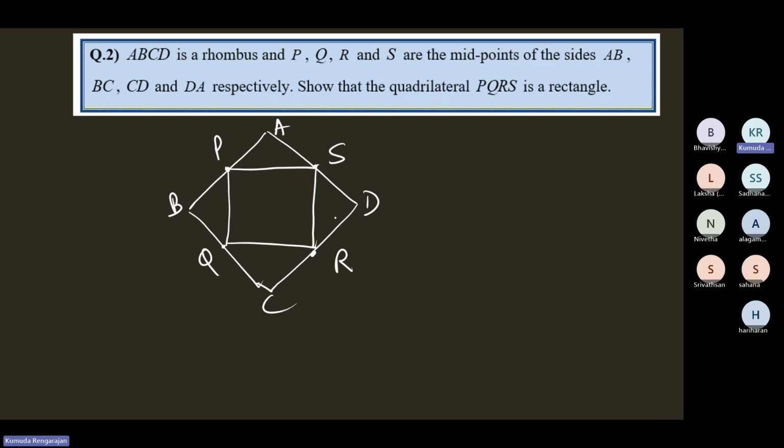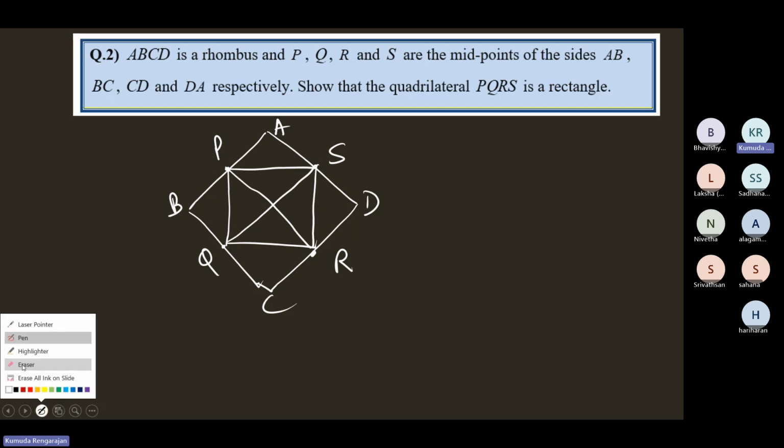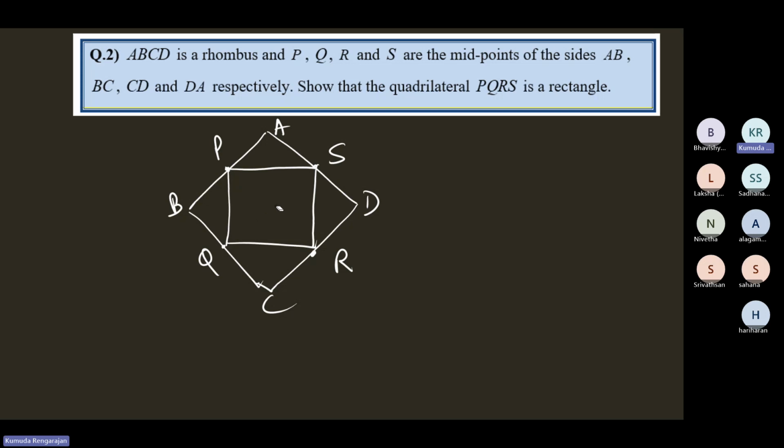You should join the diagonal of the outer quadrilateral, not the inner one. Don't join the diagonal PR or QS, that will not help. Join AC or BD.